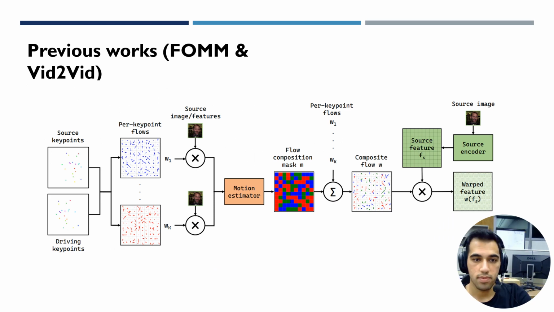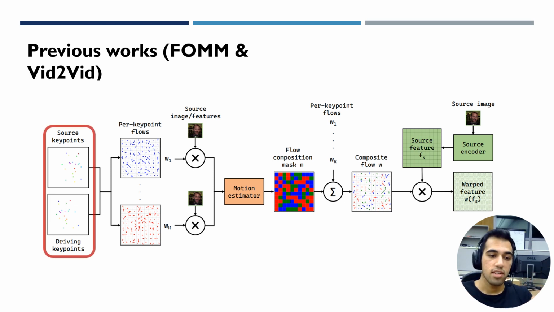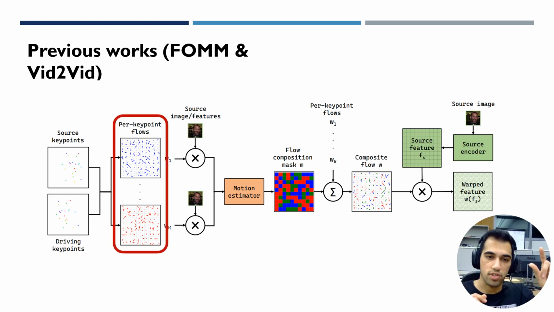They made a slight update to their model, so we're going to go over the previous versions, which were more related to the vid to vid and the first order motion model. So in the first step, they were able to detect M key points from both the source image and a frame from the driving video. And what they did after that is that for each key point inside of the source image and the motion frame, they calculated a flow.